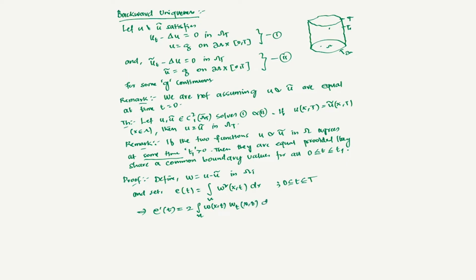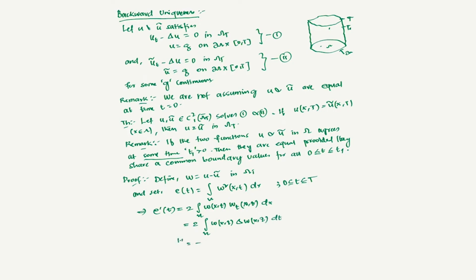Why can I write it like this? Because I can take the derivative with respect to t inside, as this is an integral with respect to x. Now if I replace, w t satisfies w t equals Laplacian w in omega. So essentially this is equal to the integral over omega of w of x,t times Laplacian of w of x,t, right? That's what you are going to get.